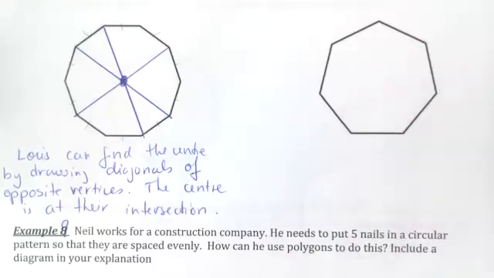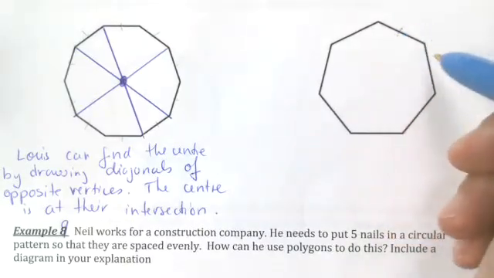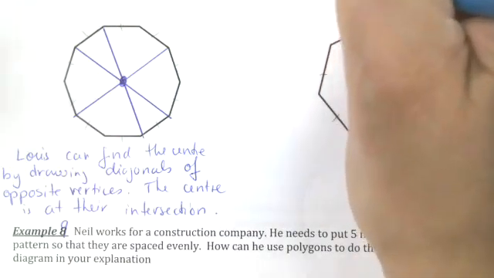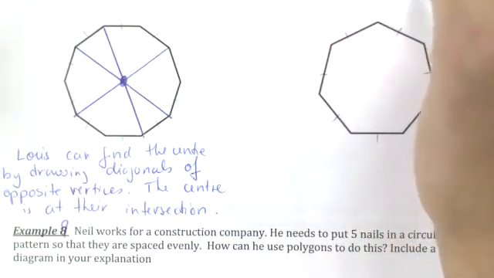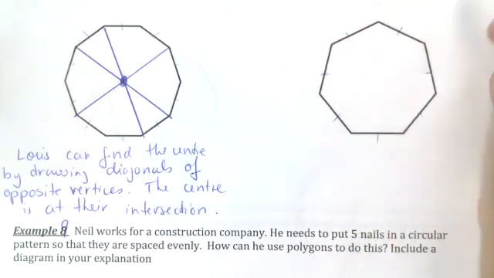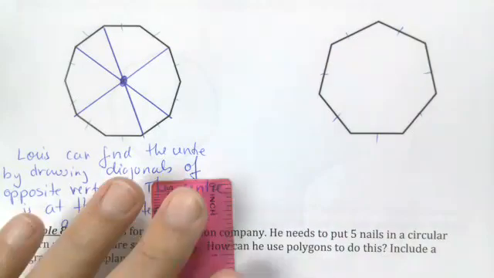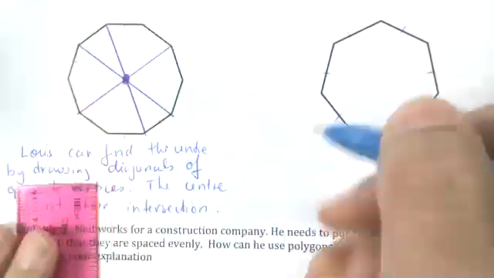The other one is, it's counted how many sides? 1, 2, 3, 4, 5, 6, 7 sides. So a heptagon, that's an odd number. That means he can find the center by drawing perpendiculars from each vertex to the opposite side.